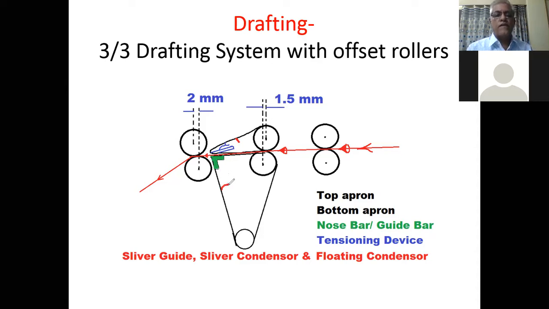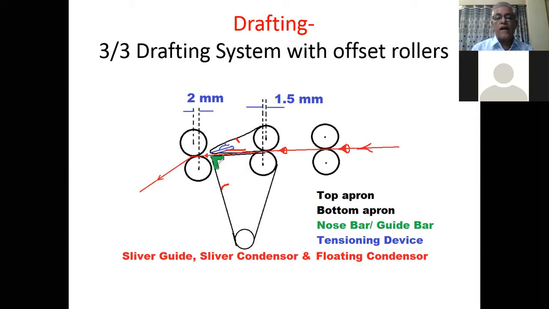The top apron is running over the top roller, and it is moved in such a way that it goes to the front roller nip as close as possible. And there is a tensioning device also. This blue color is the tensioning device. This tensioning device ensures that the apron is moving smoothly under tension, and helps to move the fibers so that drafting can take place.